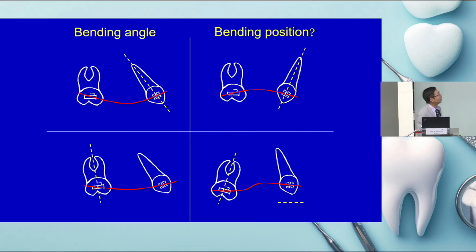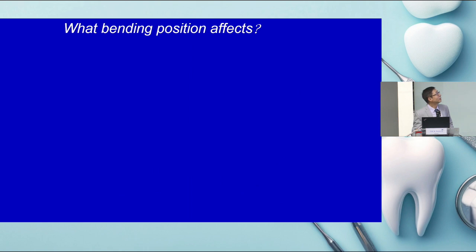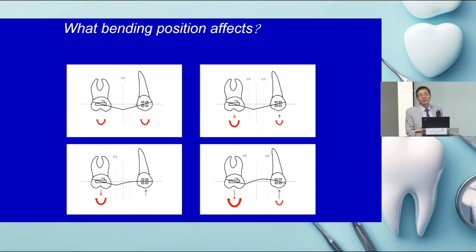Well, if we want to know the factor of bending position, we can think about what bending position affects in a two-teeth system. Look at the four situations. When the V-bend moves from the center to close to the molar, what changes in these four situations? The angle changes, right? These two angles are the same.